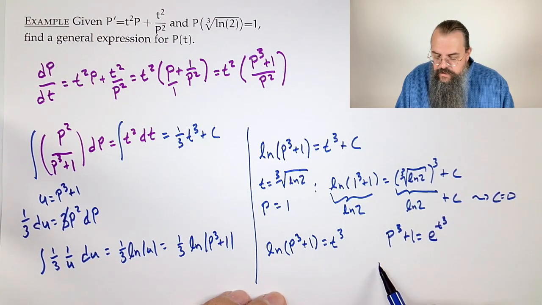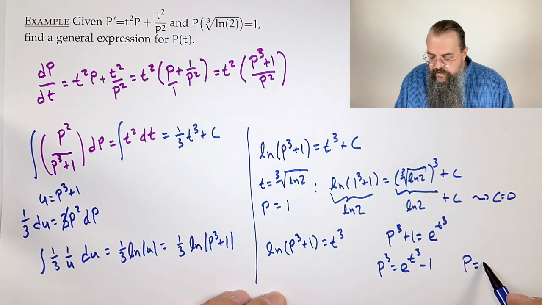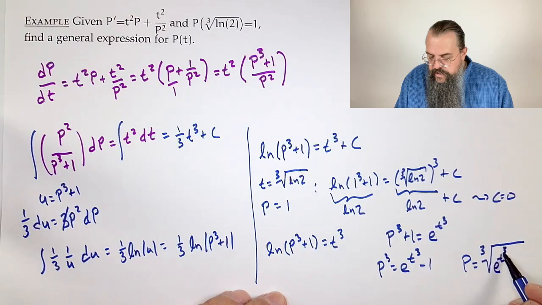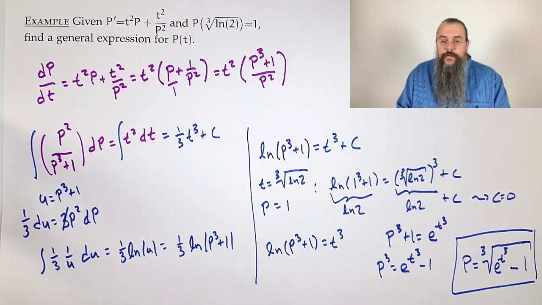Subtract 1: p cubed is e to the power of t cubed minus 1. And then the cubed root gets us that p is the cubed root of e to the power t cubed minus 1. And we're done. That's it.